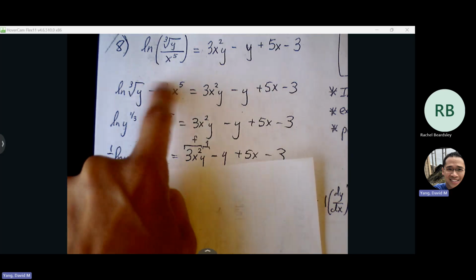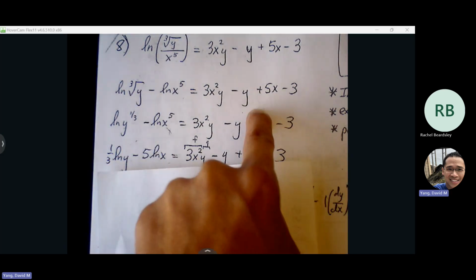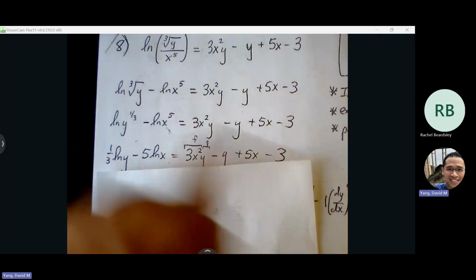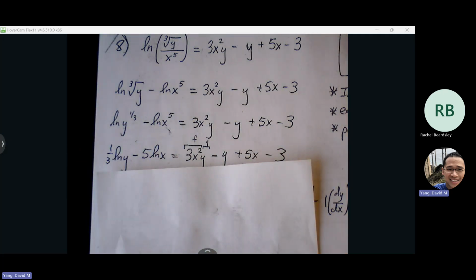Some students would clean this up, but then begin the derivative on this side. So try not to begin the derivative until every term is ready. It just makes it easier when you're going back to double check your work; it's easier to read your problem when you're not doing different things on the same line.